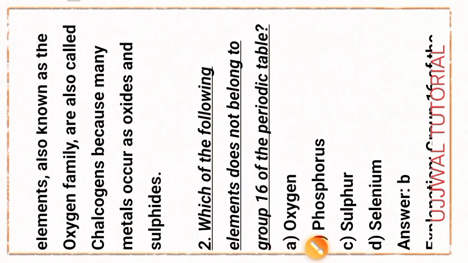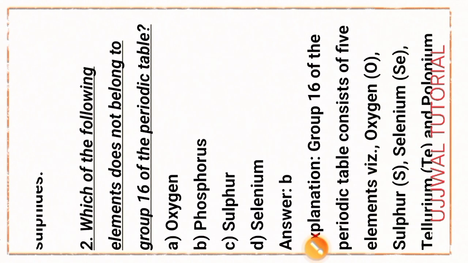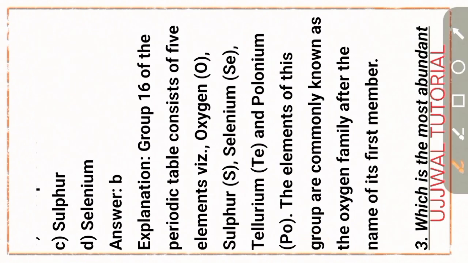Next question, question number 2. Which of the following elements does not belong to group 16 of the periodic table? Option B, phosphorus. To explain this part, group 16 of the periodic table consists of 5 elements: oxygen, sulfur, selenium, tellurium, and polonium.